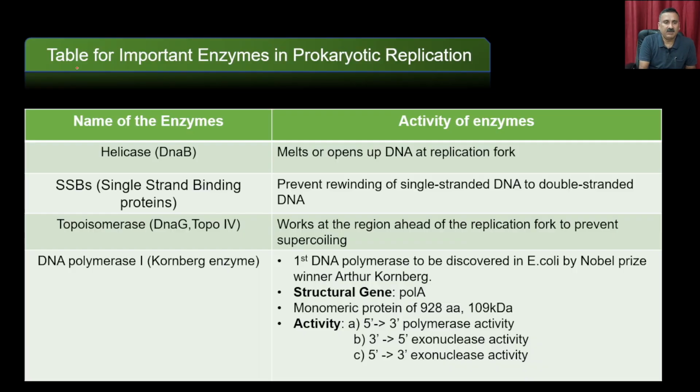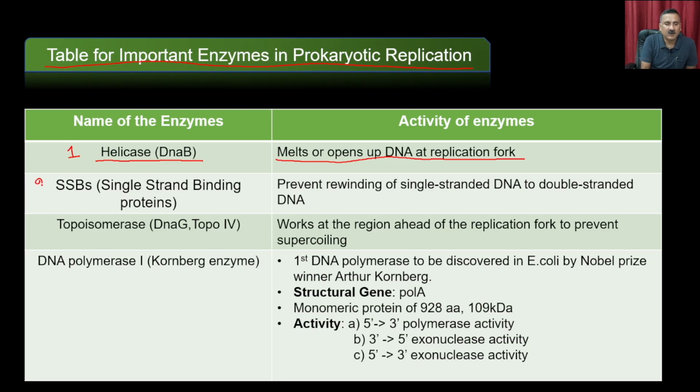These are some of the important enzymes found in prokaryotic replication. The first enzyme is the DNA helicase, called DnaB. It melts or opens up the DNA at the replication fork. It is going to be the first enzyme to sit at the origin of replication, and then it is going to start opening up the DNA.